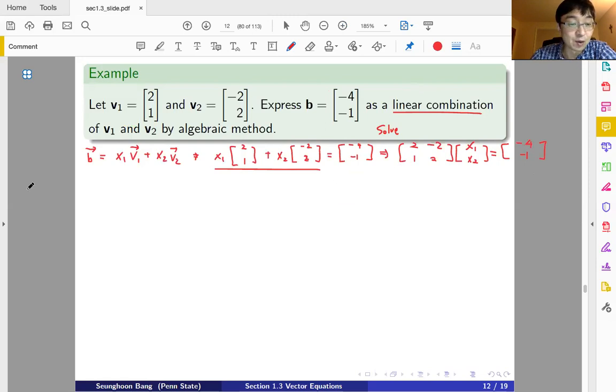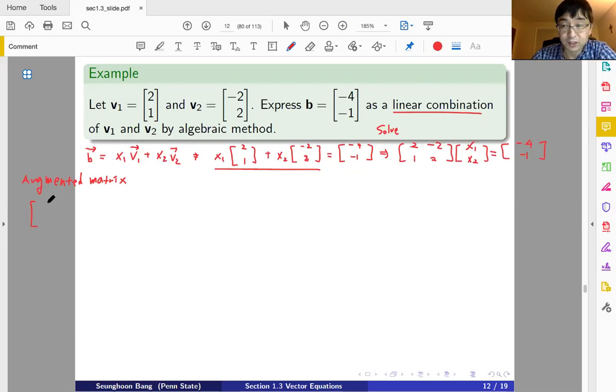So how can you do that? I want to use the augmented matrix. We are going back to section 1.2. So we have the augmented matrix in this form.